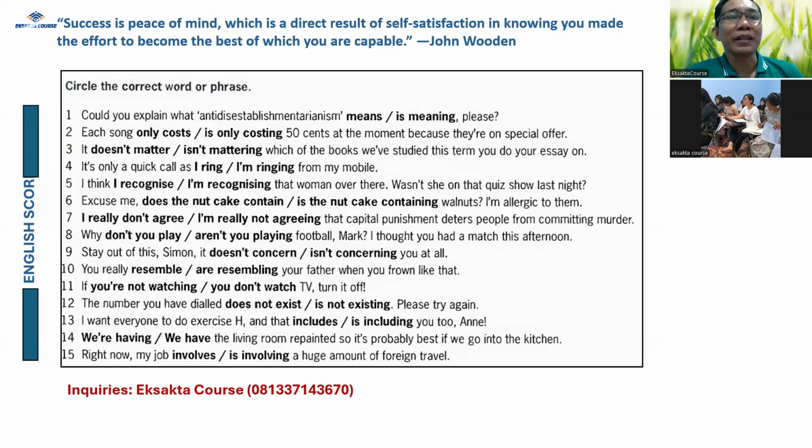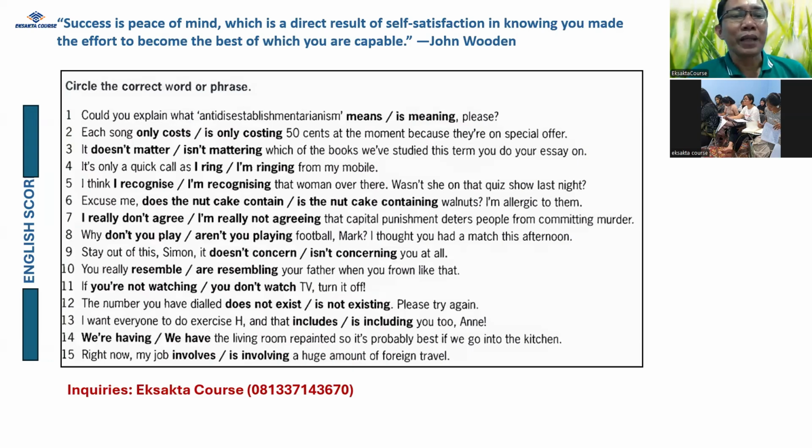But listen first, you know that success is peace of mind, which is a direct result of self-satisfaction in knowing you made the effort to become the best of which you are capable. So now we want to discuss: circle the correct word or phrase.